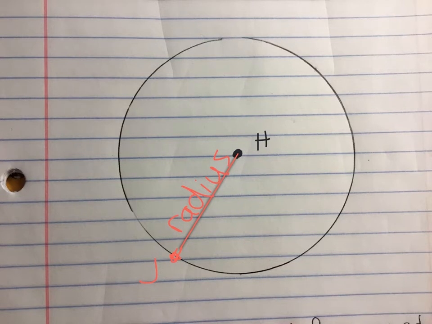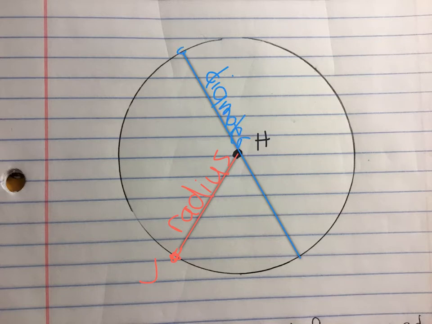The next one I'm going to show you is something different called the diameter. It goes from the outside edge all the way through the middle to the other edge. This is called the diameter. Go ahead and write that in there. Diameter. I'm going to struggle writing sideways here. There we go.